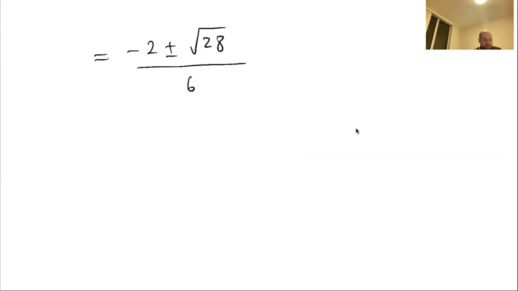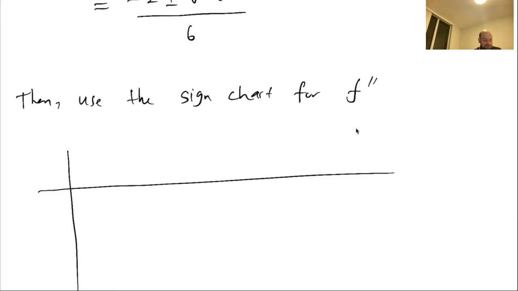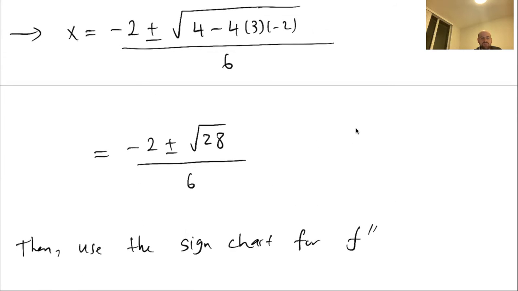Now let me use the sign chart for f double prime. So how did we say we have to use the sign chart? In the first row, you have to specify the roots of f double prime. f double prime equals 0 at which points?